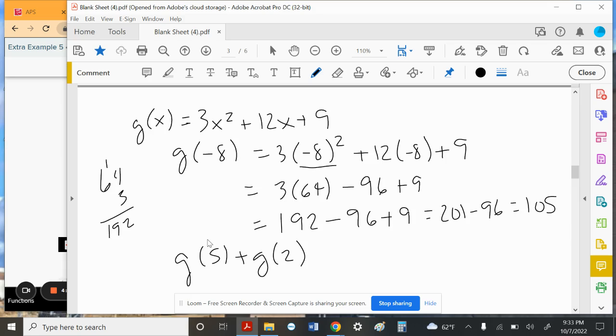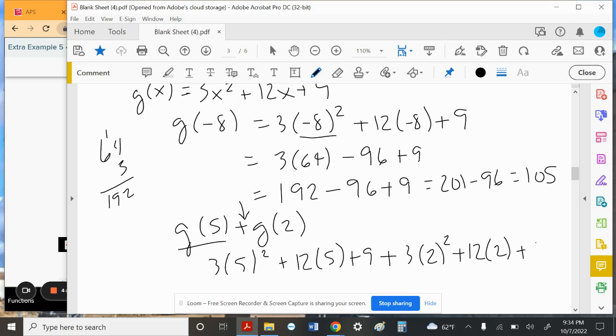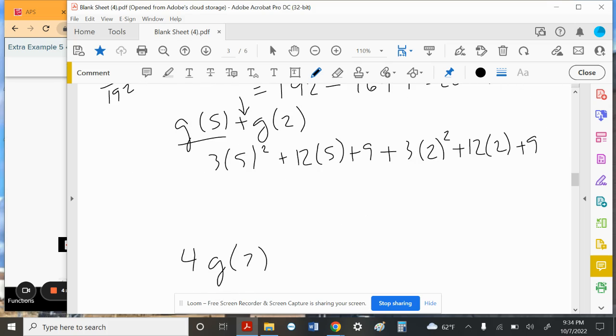For the next one, 3x squared plus 12x. So I'm just going to plug these in. So I'm going to do this one first. So I get 3 times 5 squared plus 12 times 5 plus 9 plus, that's this plus right here. And then I have 3 times 2 squared plus 12 times 2 plus 9.